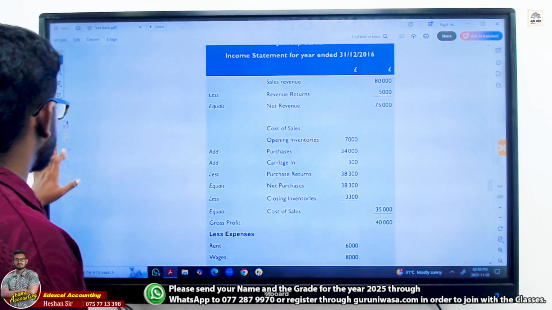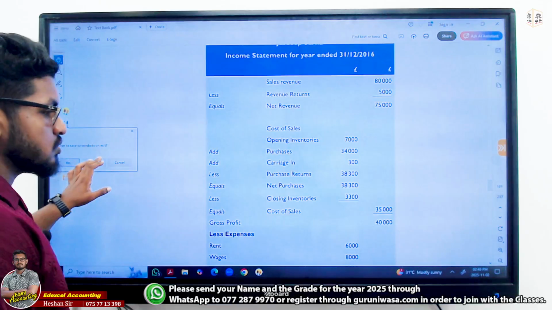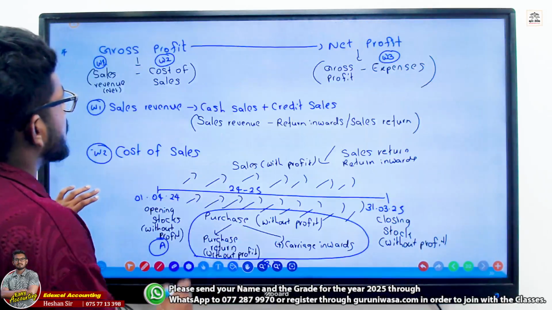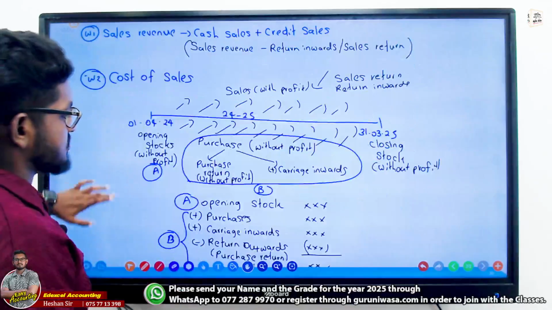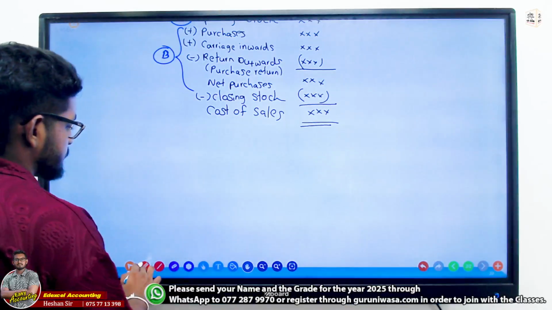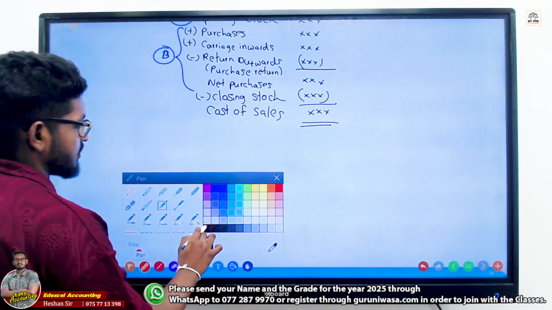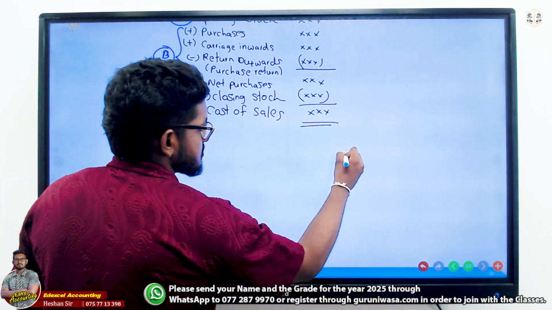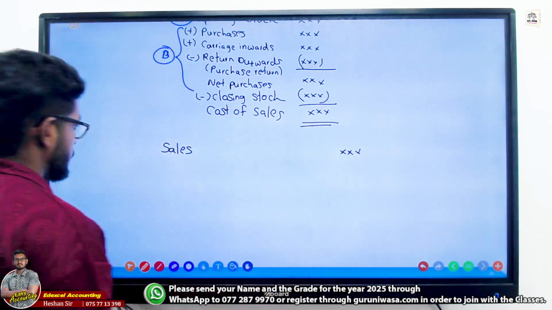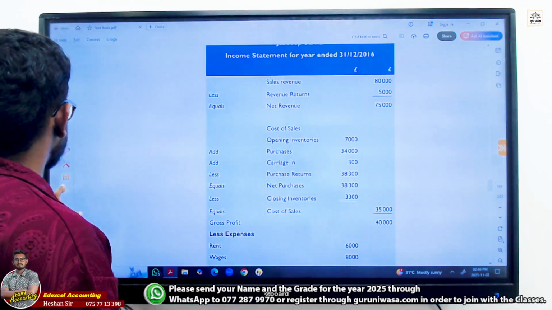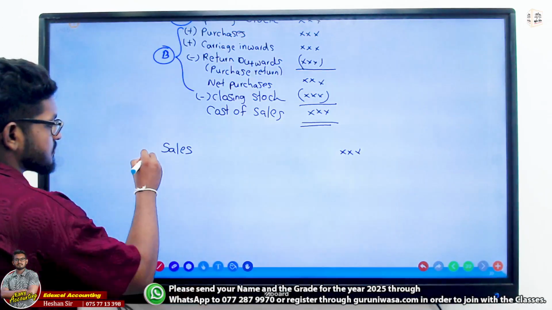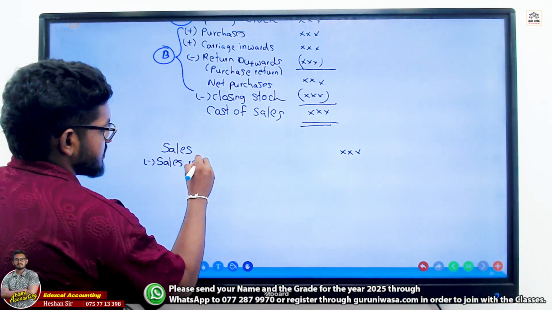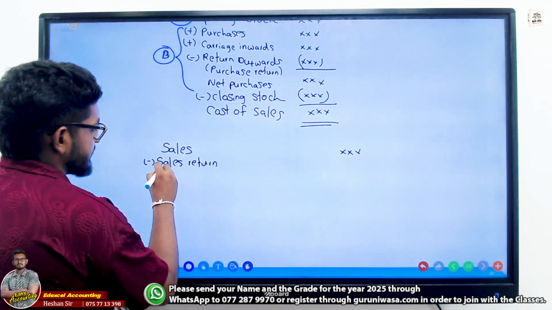So this is how it goes. Now we calculate two things. You know how to calculate the sales. Now let's write the full thing up to gross profit. First we take the sales. From that we deduct the sales return, another word for which is return inwards.